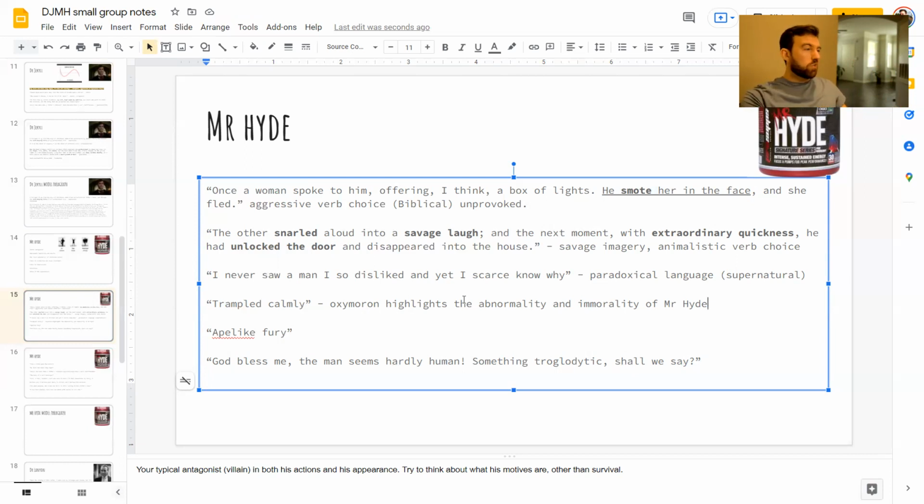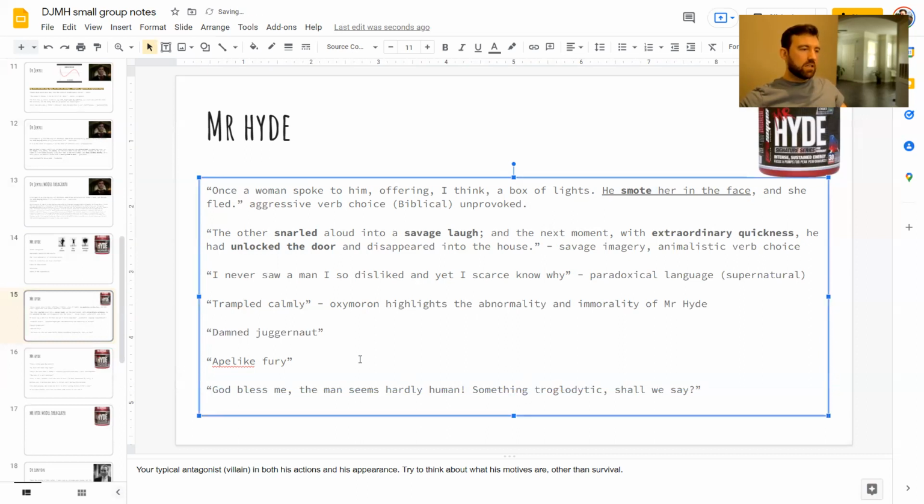Another one, sort of bonus one here, talks about how he was like a damned juggernaut. Now, what's interesting about that word juggernaut is it actually comes from Indian tradition. There were followers, worshippers of certain Hindu gods who, if they saw the carriage of what they believed their god coming through the streets, or a representation of that, they would throw their bodies in the way of the carriage to try and slow it down.